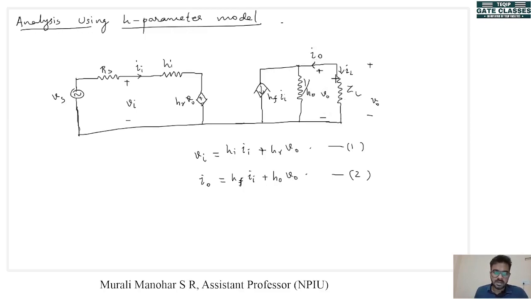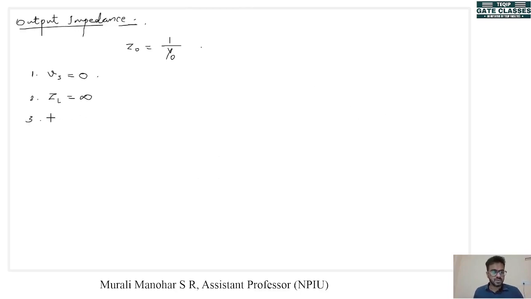So let's say we are driving this reduced circuit by V out. So drive the output by V out. These are the three things we need to do before we find out the output impedance.